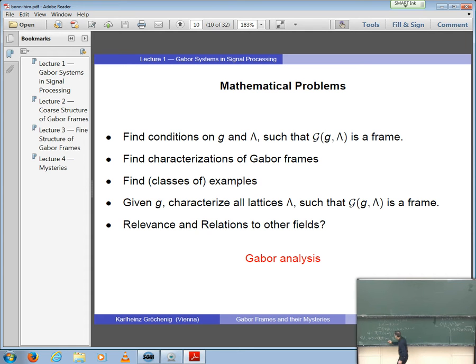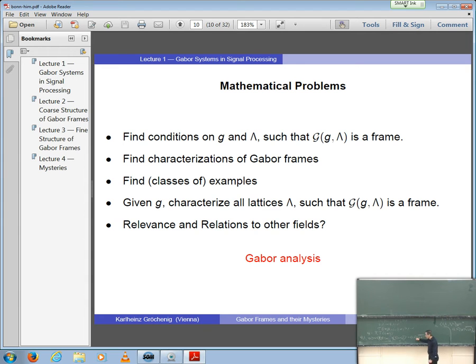So this would be f of t, g bar of x, h of t, gamma bar of x, and you integrate over t and x. Integration over t gives the integral of f of t h bar of t, so this gives you the inner product of f and h. The integral over x gives you the inner product of g bar with gamma bar, so that's the inner product of g and gamma.